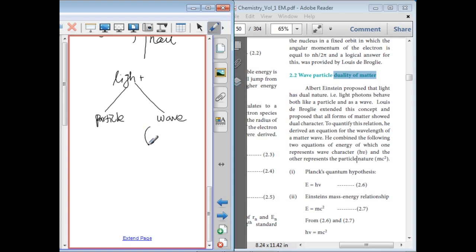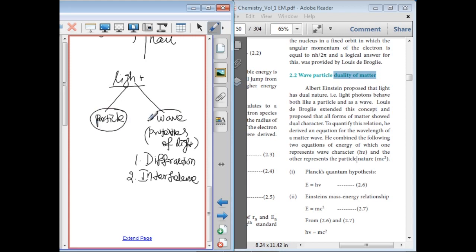Wave. So the properties of light: the first one is diffraction, the second one is interference. Light has a dual nature.